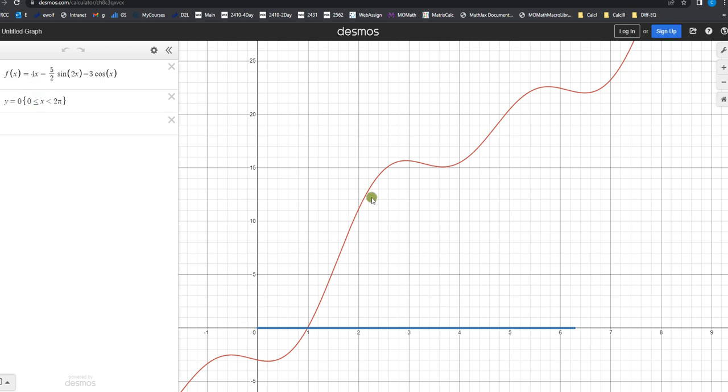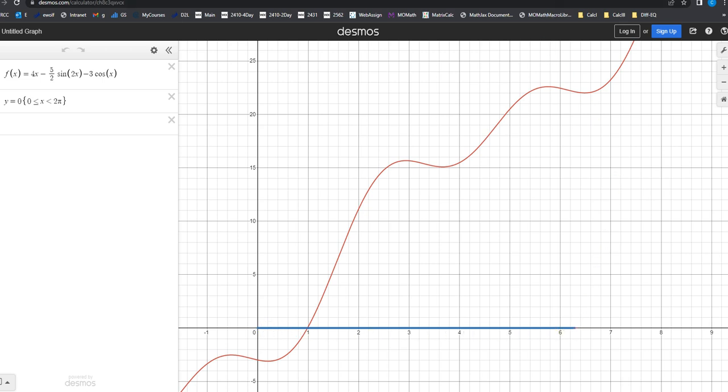It also continues to rise as we go further to the right, because the sine and cosine only output so much, they only contribute so much to the oscillation, and this causes a steady rise to the right. You can also see that down below here in blue, I've sketched the limited domain that we want to consider.